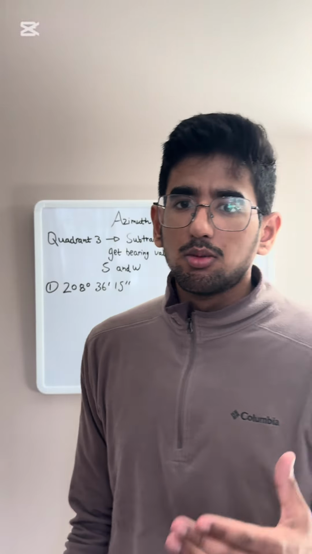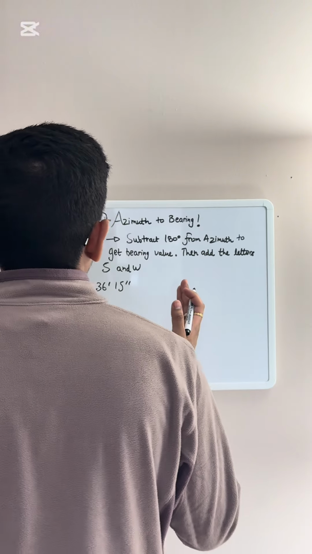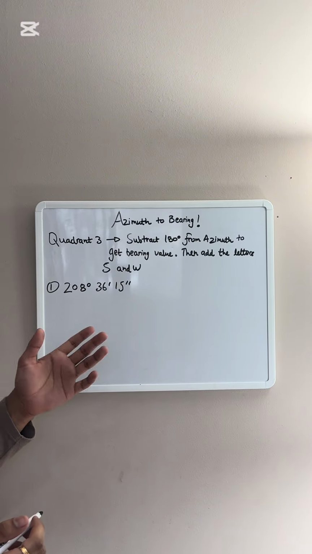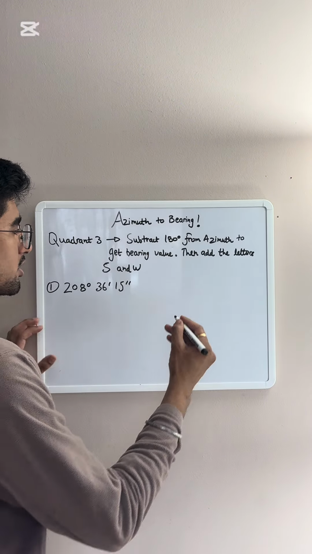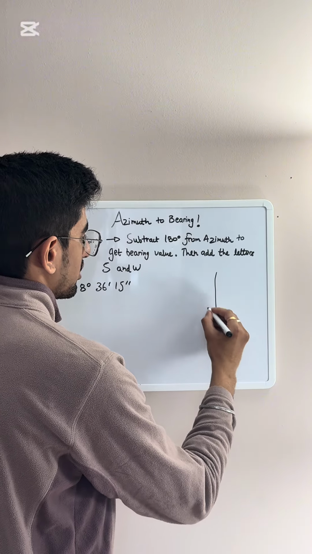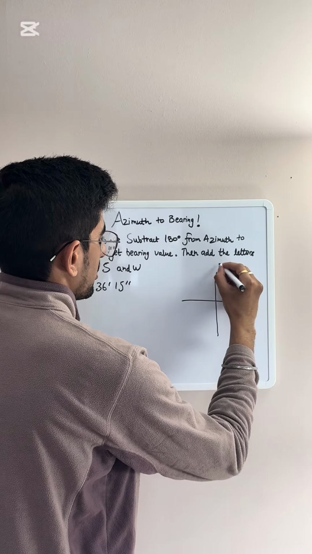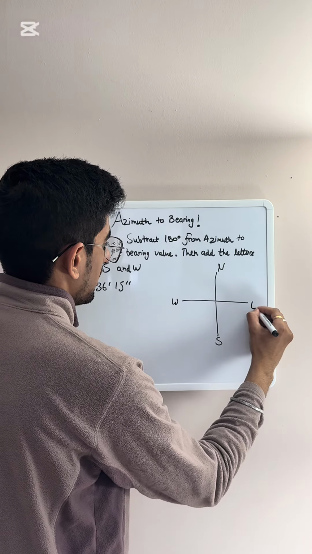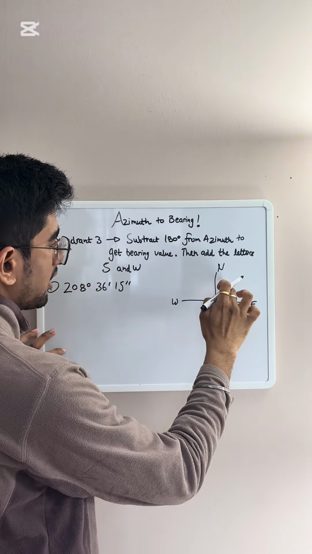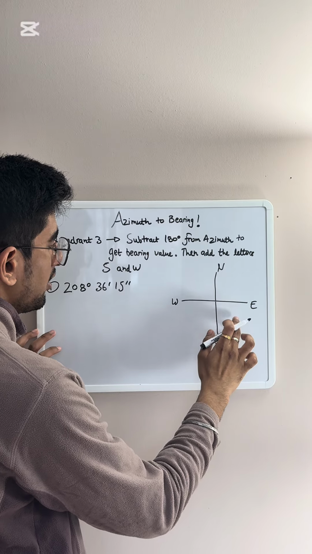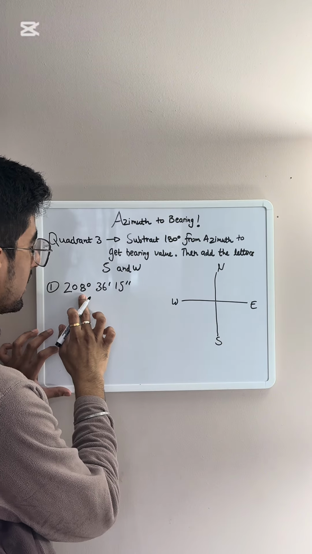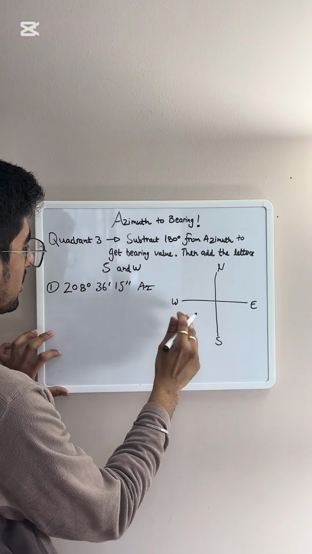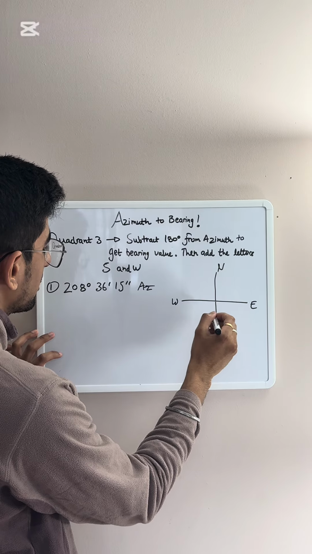Now we will move forward to the third quadrant: how to convert azimuth to bearing when our line is in the third quadrant. Just to make sure, how do we know it's in the third quadrant? Each quadrant is 90, so 90, 180, 270. So definitely the azimuth given in this question, 208, is in the third quadrant.